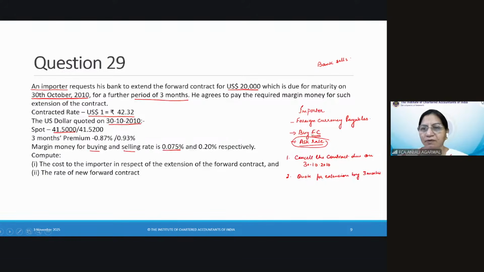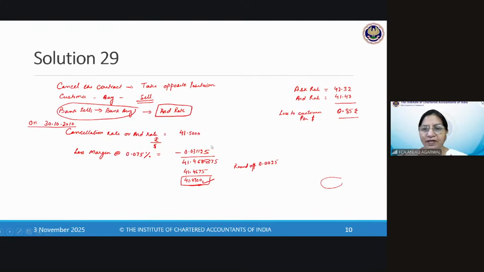Alternatively, customer was buying, now he will sell, or bank sells, now bank will buy. So bid rate is 41.50 less margin of 0.075 and we get to the rate of 41.4700 after rounding. So customer has to pay 42.32 and he will receive 41.47. Therefore, 0.85 is the exchange difference which he has to bear as a loss per dollar.